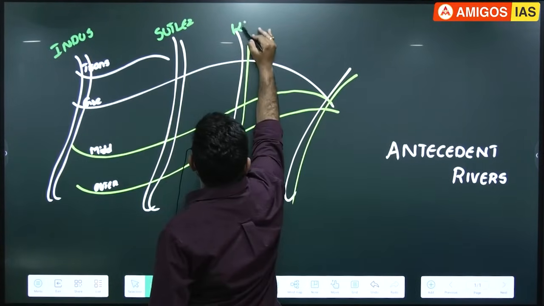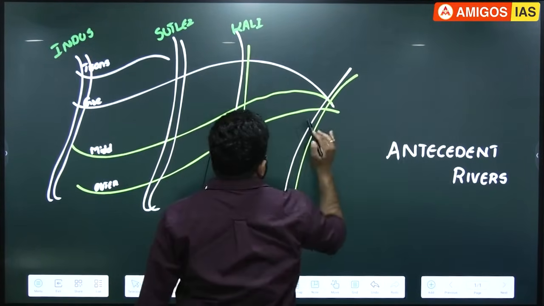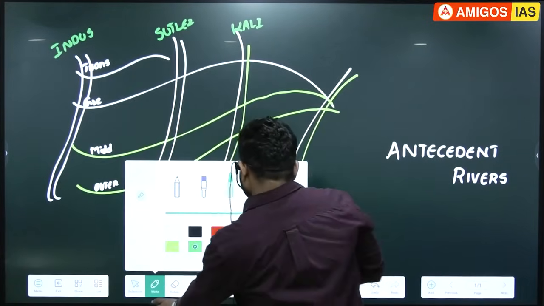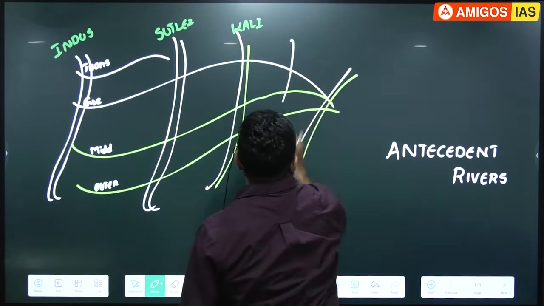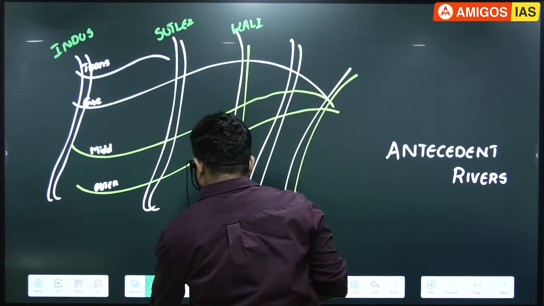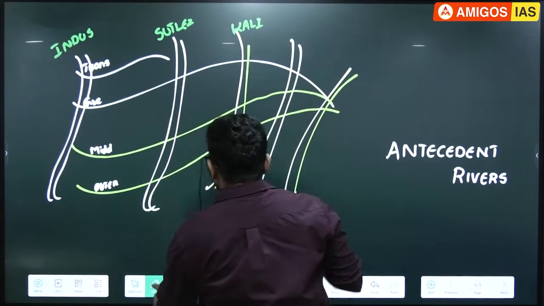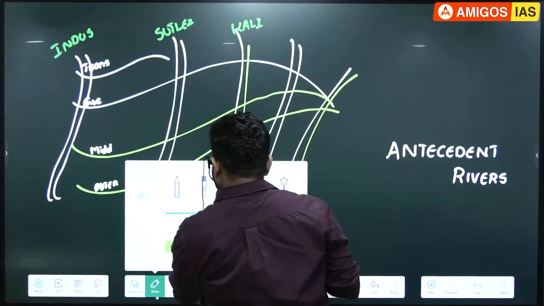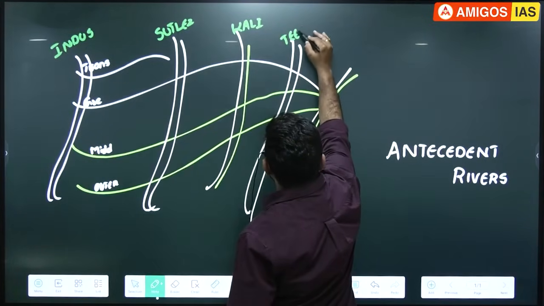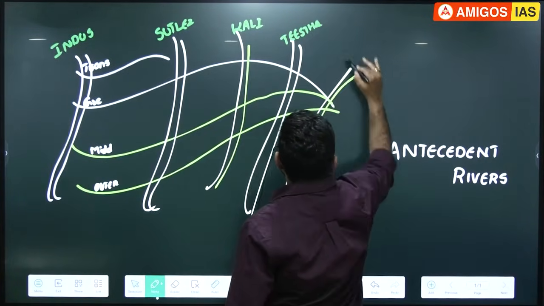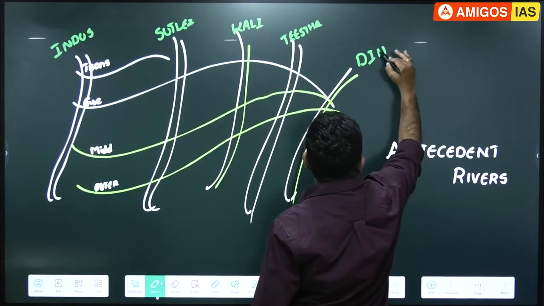The third river is called Kali. The next river is called Teesta. The last river is called Dihang.